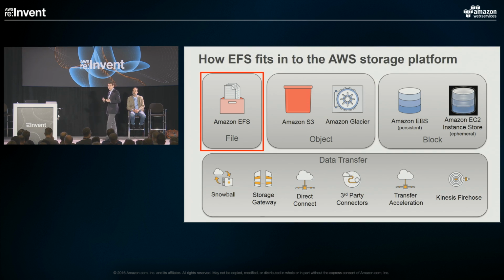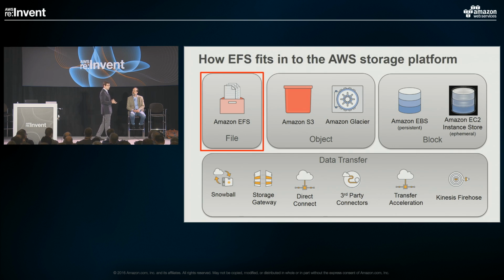And as of 5 months ago yesterday actually, with the announcement of EFS as a generally available service, we now have file storage. With EFS, data is presented via a file system interface and file system semantics to EC2 instances.